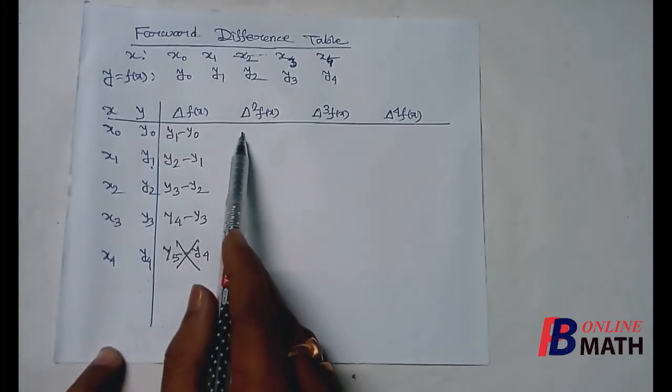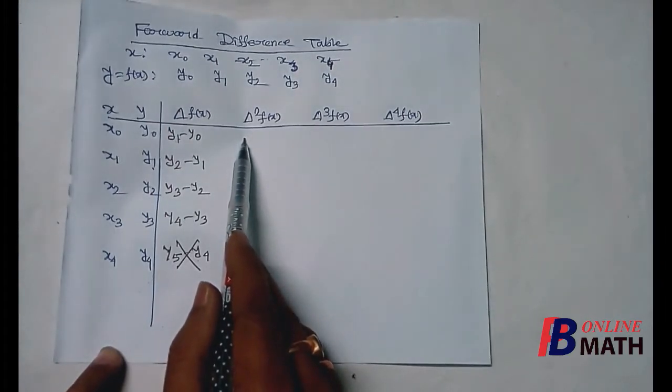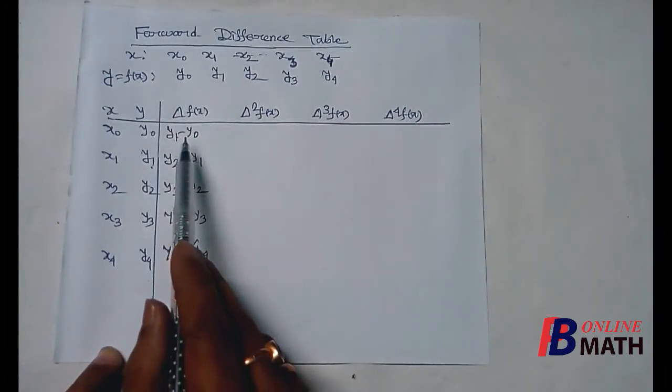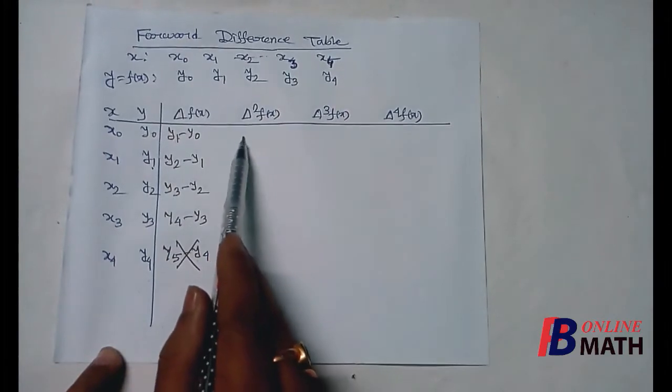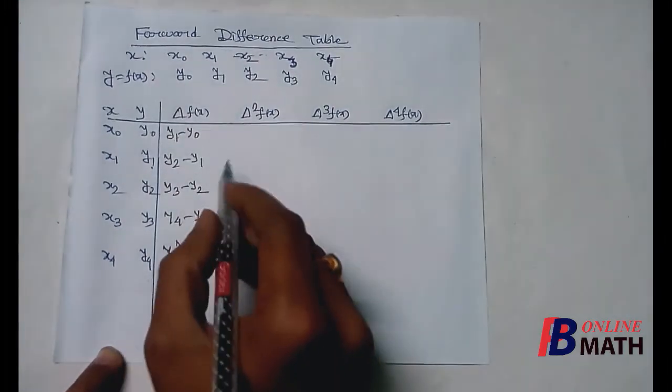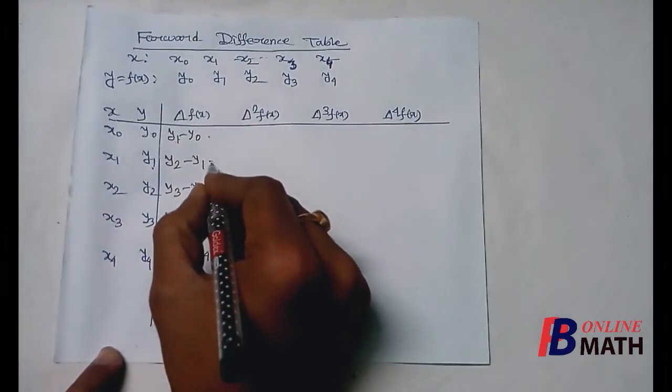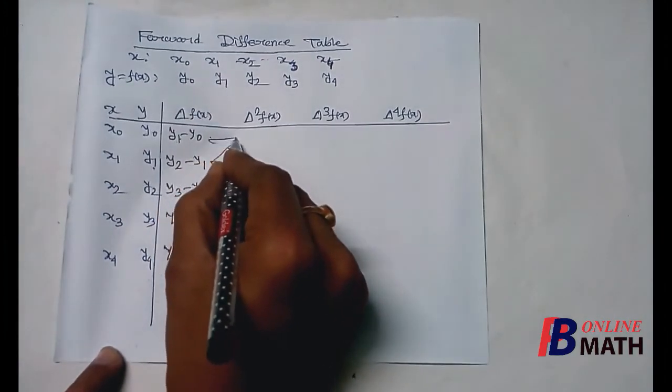Now second order difference of y0 should be equal to first order difference of y1 minus first order difference of y0. So ultimately, to compute this value, we have to find this value minus this value. So using these two, we can find this one.